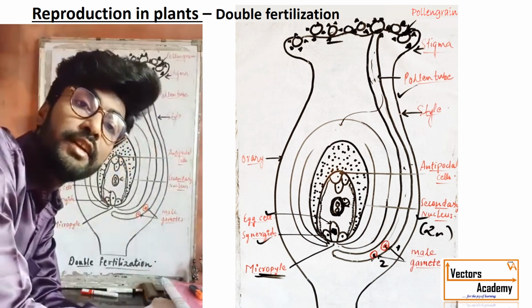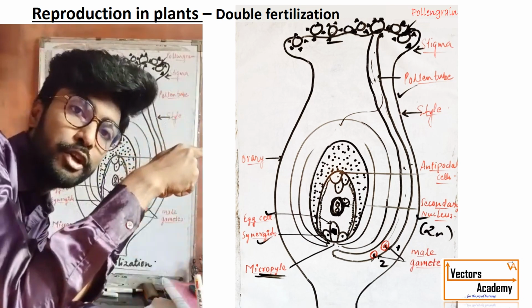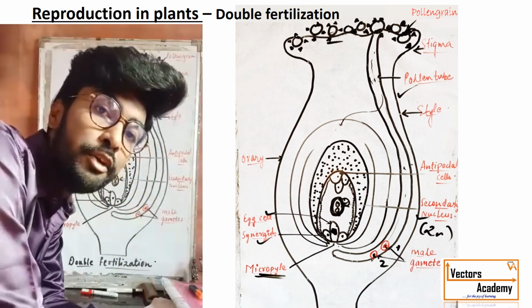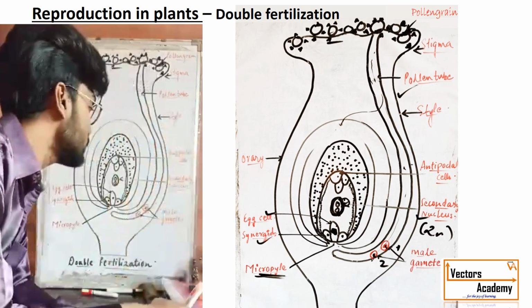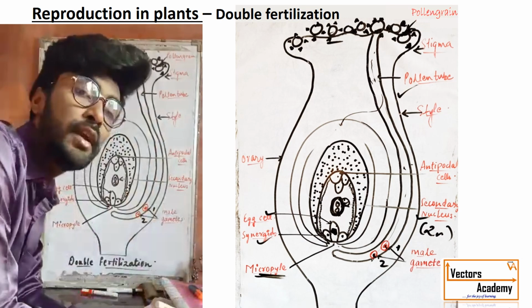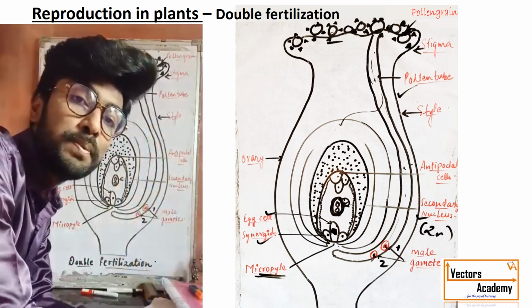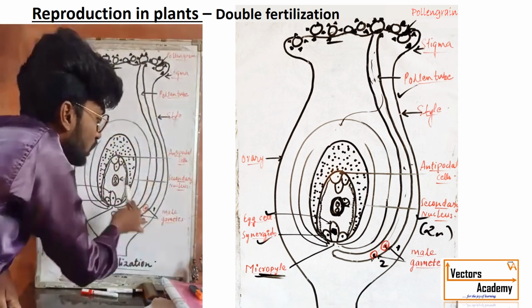We have studied in the development of the male gametophyte that whenever a pollen tube is formed, it contains two male gametes and the tube cell nucleus. You can see this is the first male gamete and this is the second male gamete. The pollen tube carrying two male gametes and the tube cell nucleus will enter the entire length of the style.